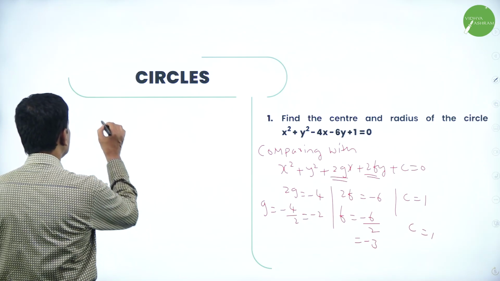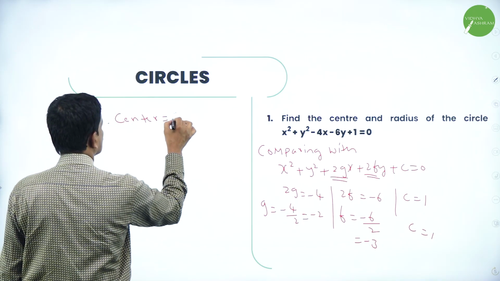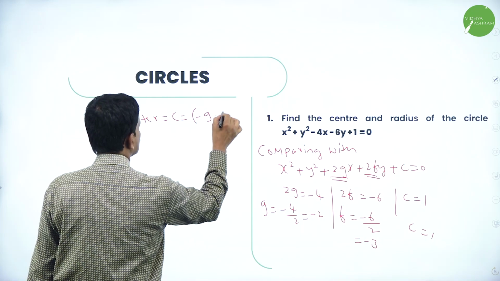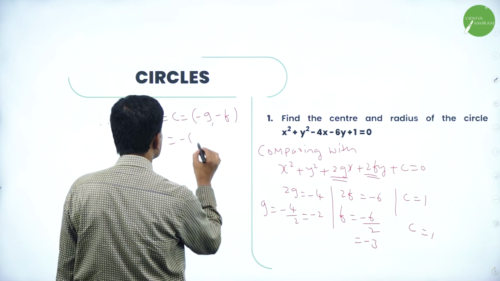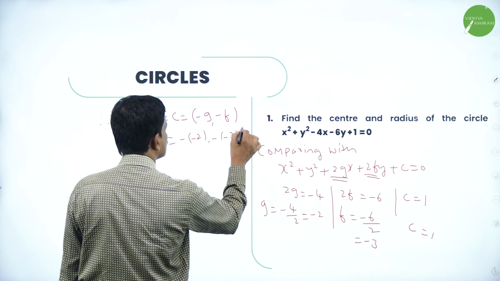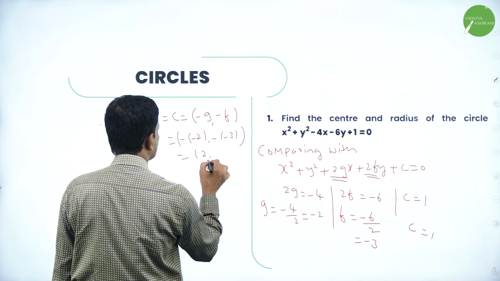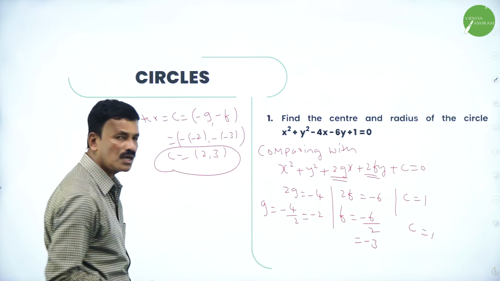So now what is to be found? The center. Therefore the center of the circle is equal to (minus g, minus f), minus of what is g? g is minus 2, comma, what is f? Minus of minus 3. So minus into minus is plus. So the center of this circle is (2, 3).